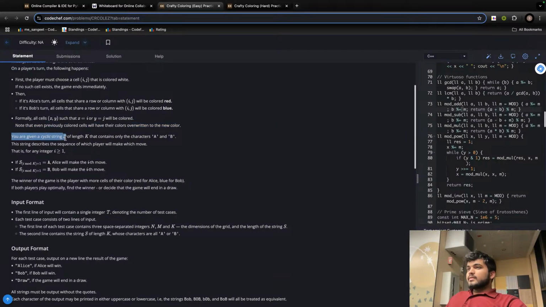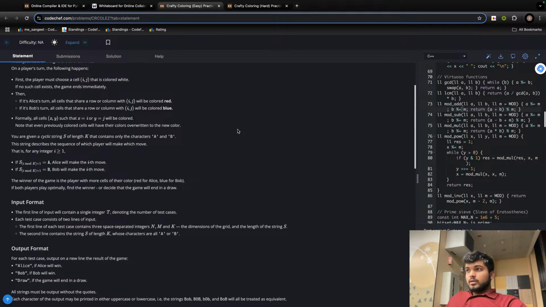You are given a cyclic string S of length k that contains only the characters A and B. This string describes a sequence of which player will make which move. So let's say if the string is A, comma B, the first move will be made by Alice, then the second will be made by Alice, and the third will be made by Bob.